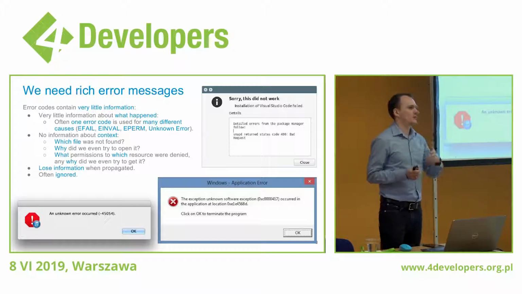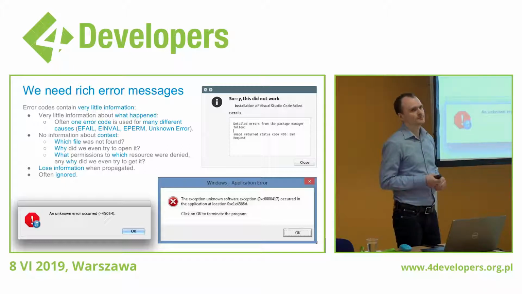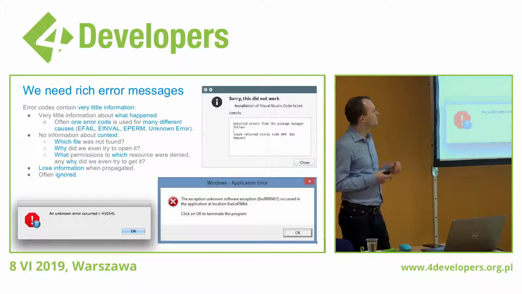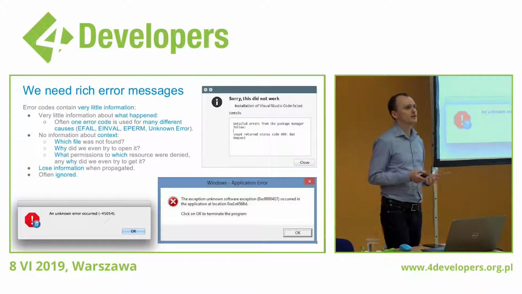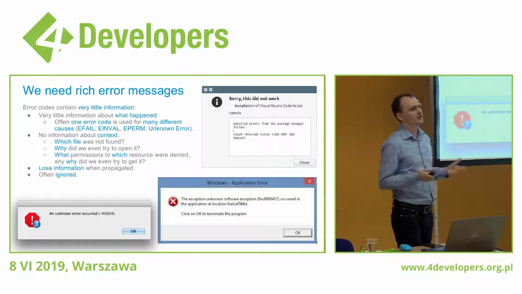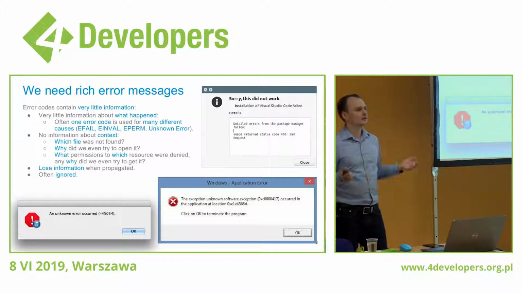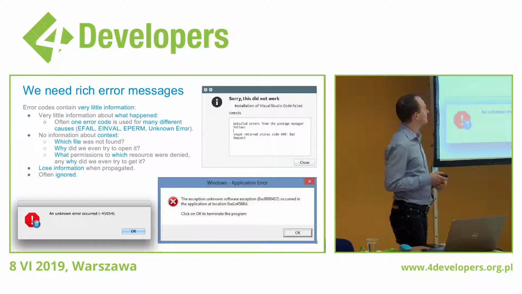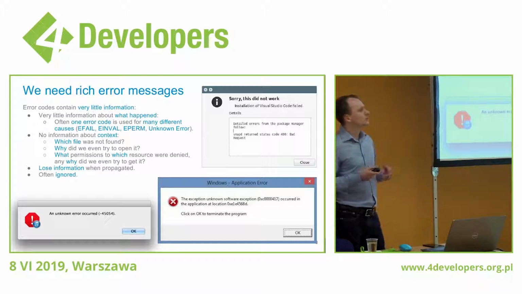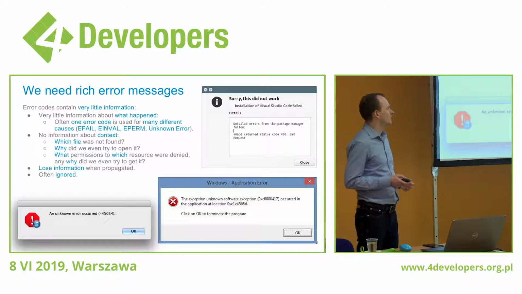So from an error pointer, you get only true, false. So when the user finally gets to see a problem, he sees only an unknown error or something equally insignificant. So we really need richer and very detailed error messages.